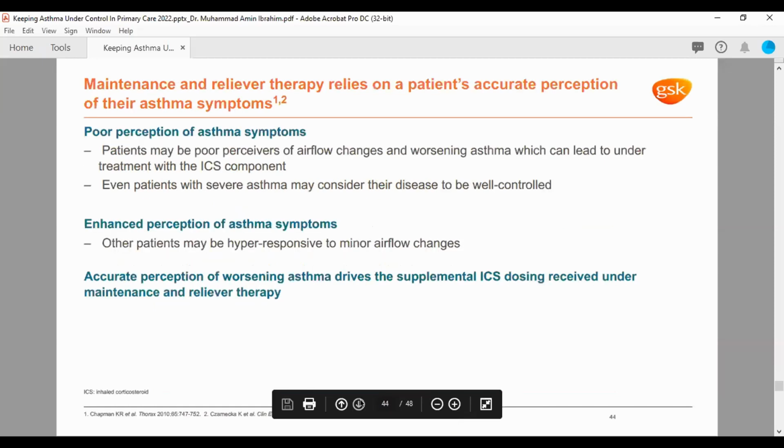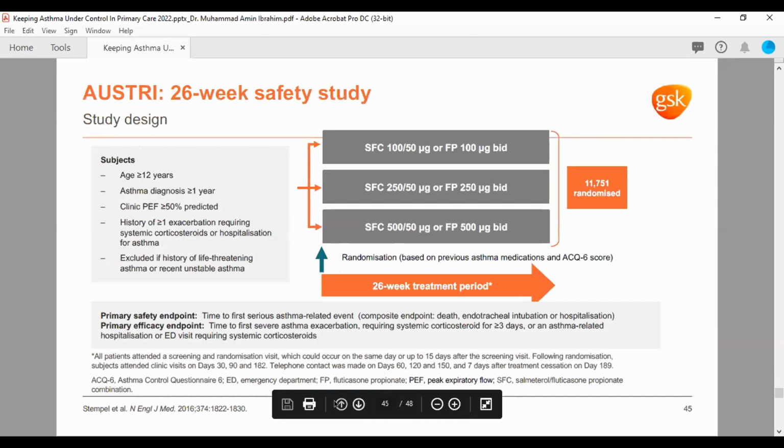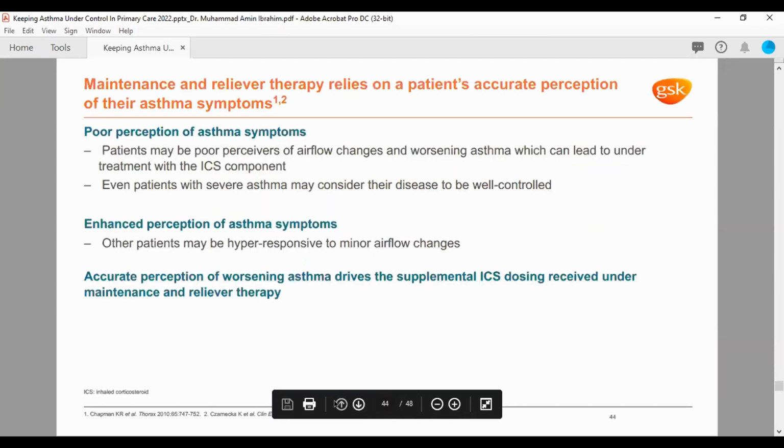If you try to use MAT therapy, bear in mind, patient have poor perception on asthma control, they tend to underestimate their symptoms. Some patients they overestimate their symptom. Okay, they think this is asthma. Maybe when we assess in detail, the symptom that patient suffer is not related to asthma.